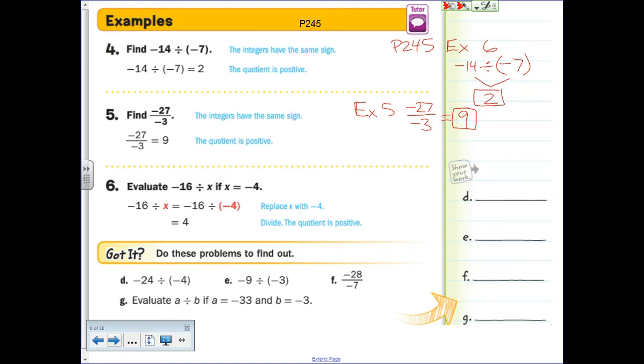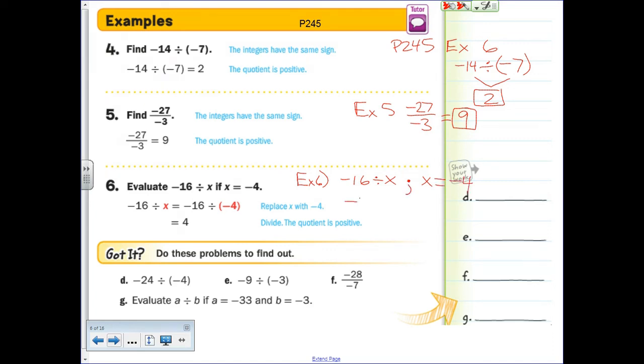And then they're going to throw a little bit of algebra at you. So we would want to write the negative 16 divided by x. This is example 6. And then x, I'm going to put a little semicolon here. x equals negative 4.